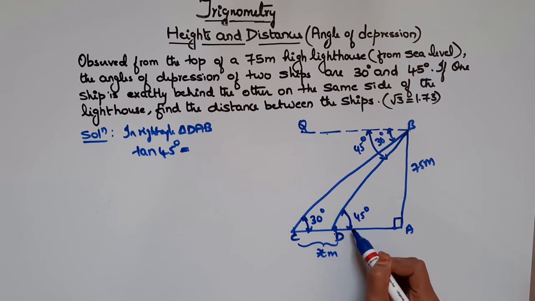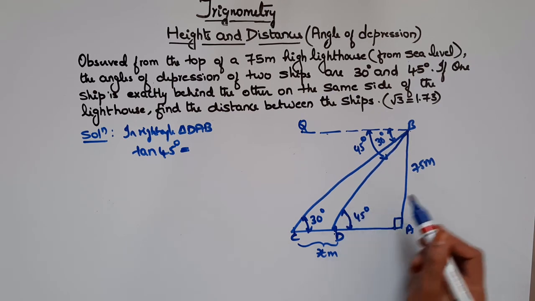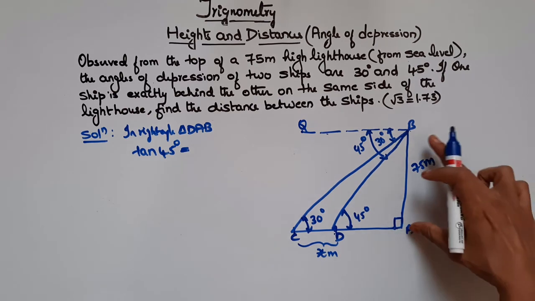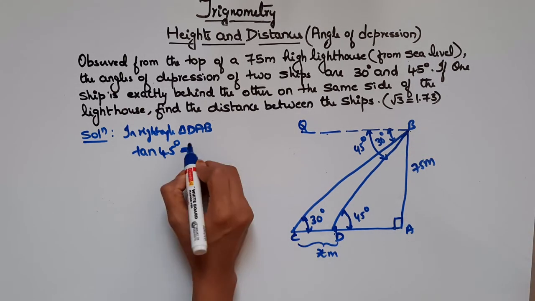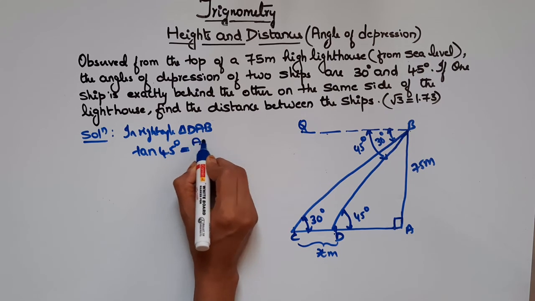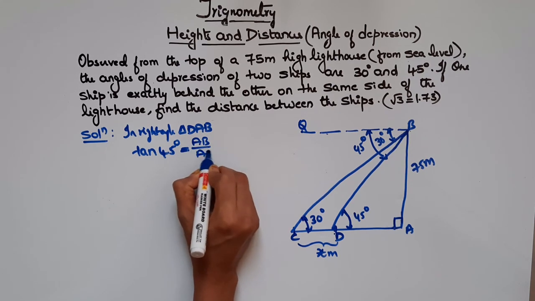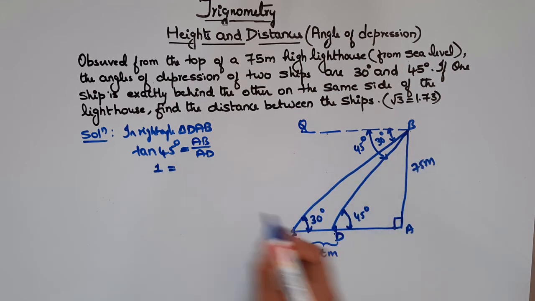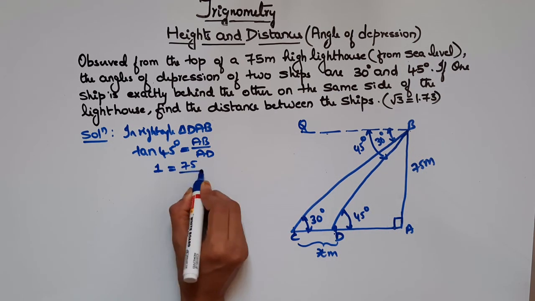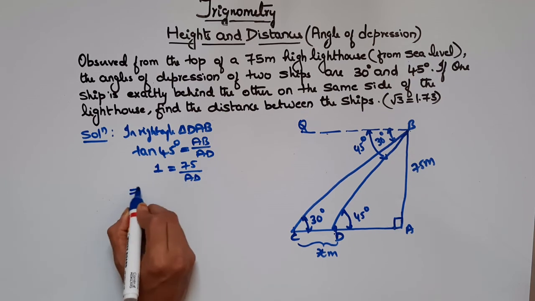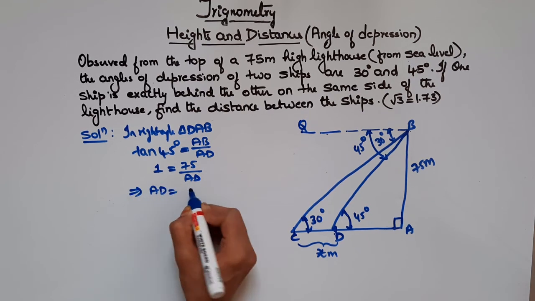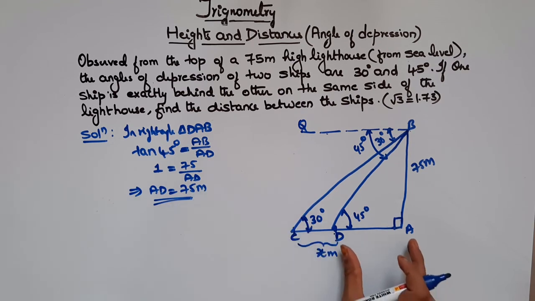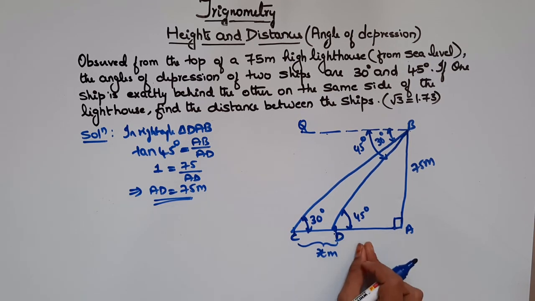So the side opposite to this angle is this side, right? So AB by AD. So tan 45 we know it is 1, which is equal to AB we know it is 75 meters by AD. So this implies AD is equal to 75 meters.